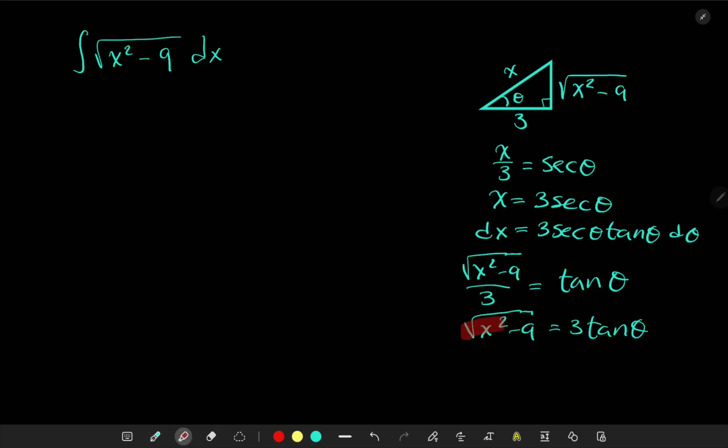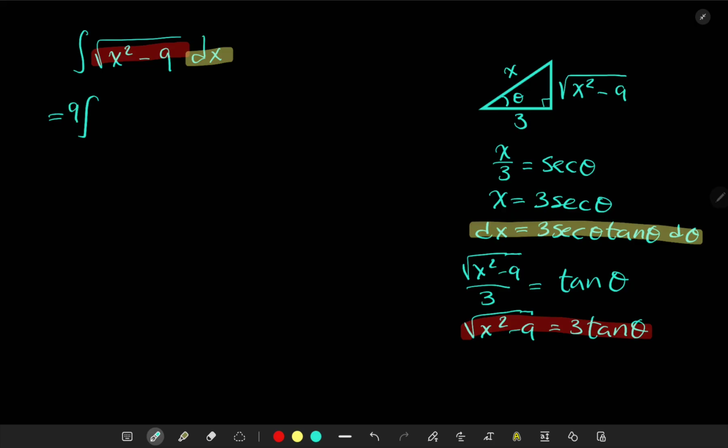So I want to grab this right here. That's going to substitute this, and my dx is going to substitute this. And so what do I get then? I get 3 tangent times 3 secant times tangent. Let's do the numbers first. 3 times 3 is 9, so let's put it out here as 9. Secant is only one of them.